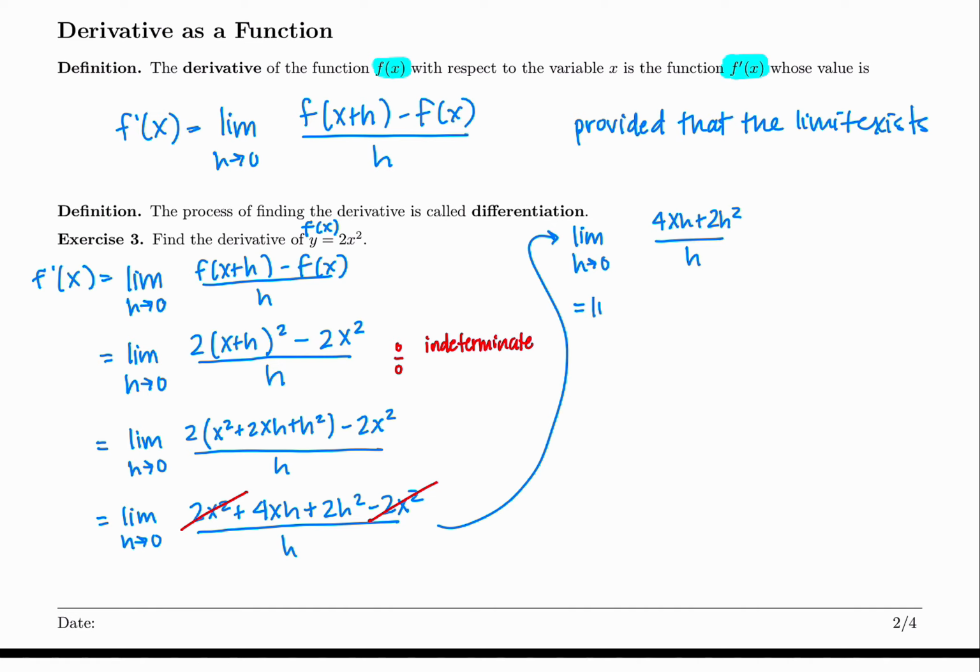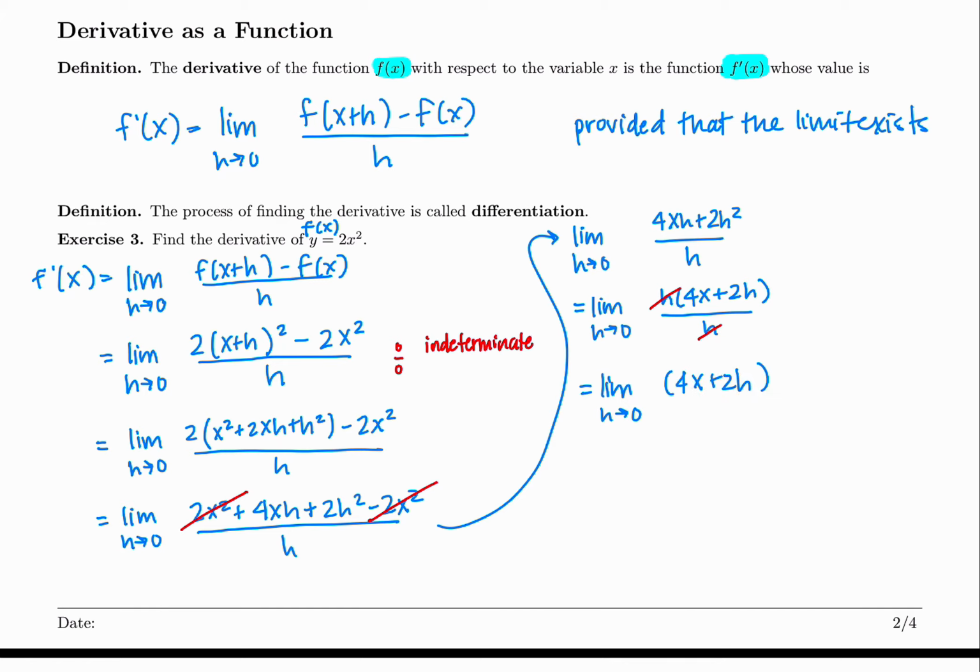So what I see I can do, and this should happen all the time on these, because where h is approaching 0 and causing the numerator and the denominator to go to 0, you should be able to eventually factor out an h on both the top and the bottom. And I see I have 4x plus 2h left if I pull an h out of the top, and then just my h on the bottom, which is great because now they do cancel. And I have the limit as h approaches 0 of 4x plus 2h.